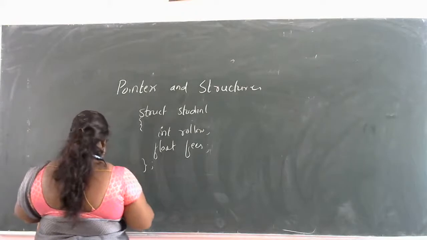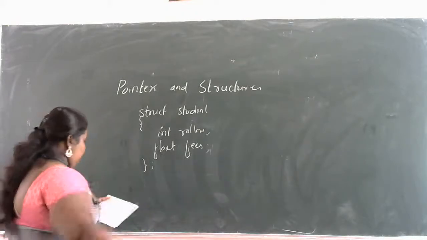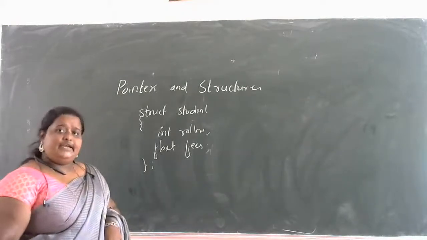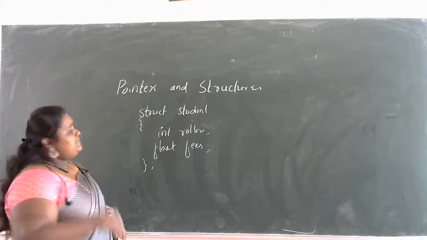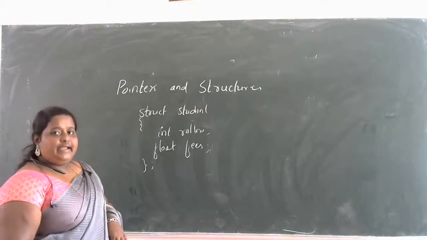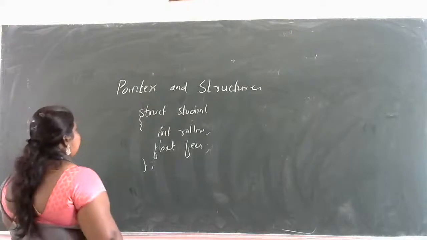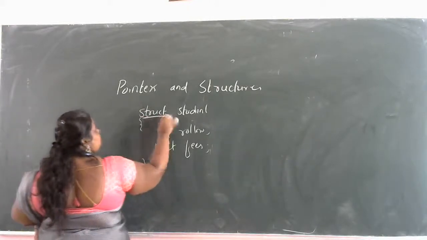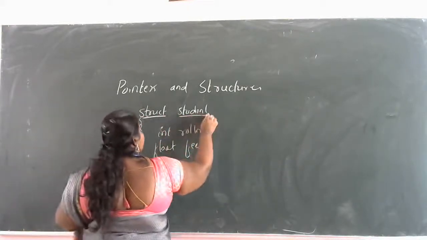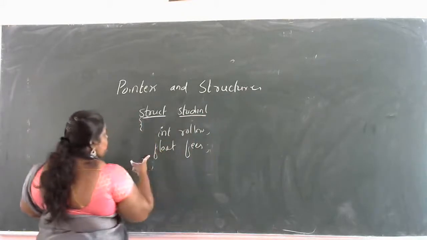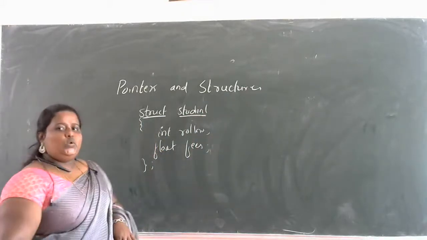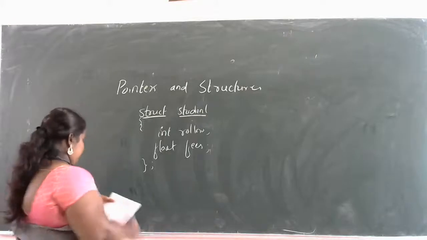What do you mean by structure? Already you have studied it in first year. Structure is a user defined data type and it starts with the keyword struct. This is a structure name. Student is the structure name, with int roll number and float fees, right?